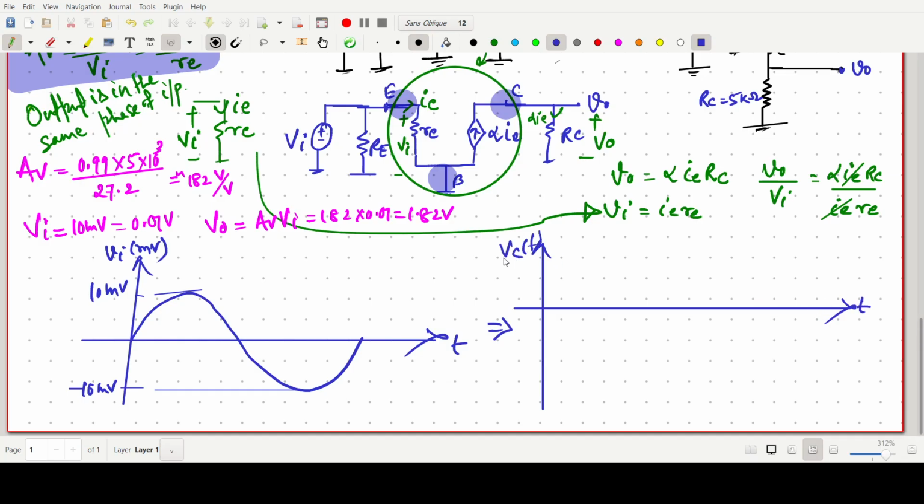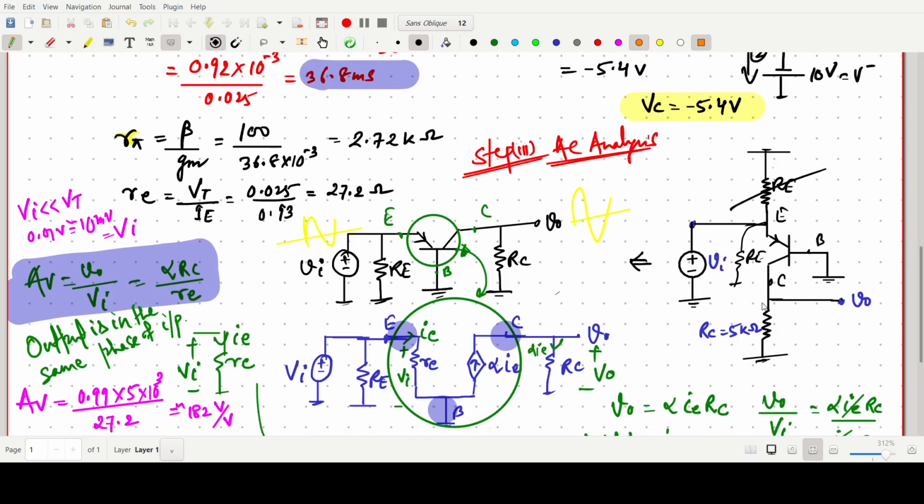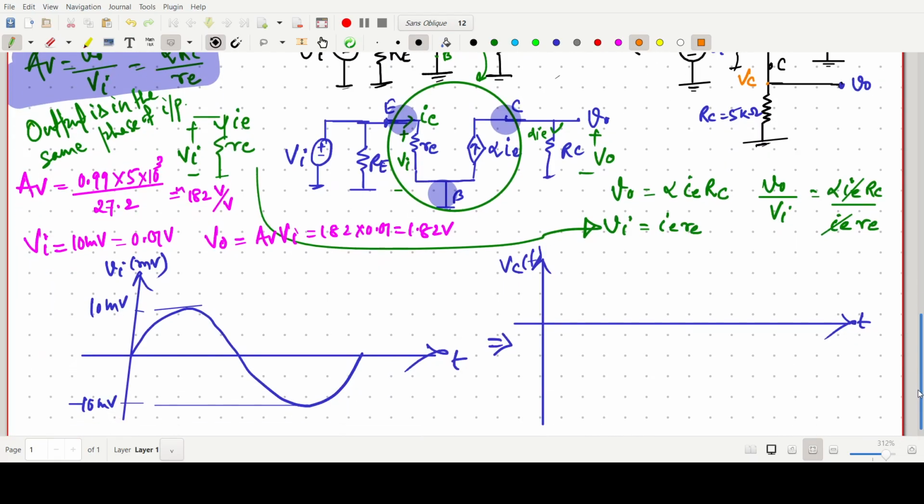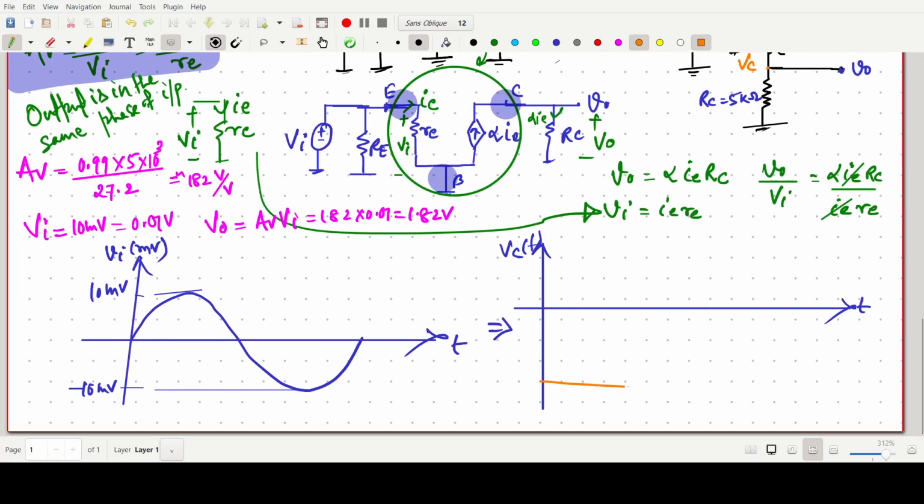Initially we found that the DC component of VC is minus 5.4 volt, so this one is the capital VC, minus 5.4 volt.